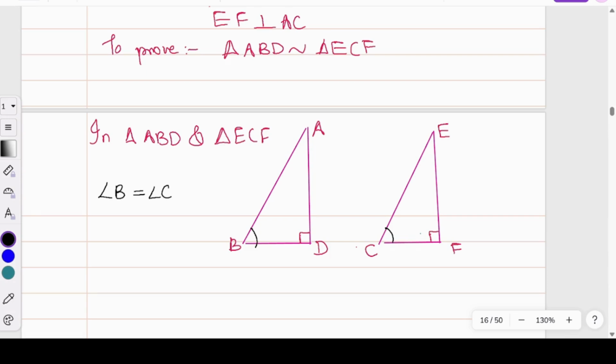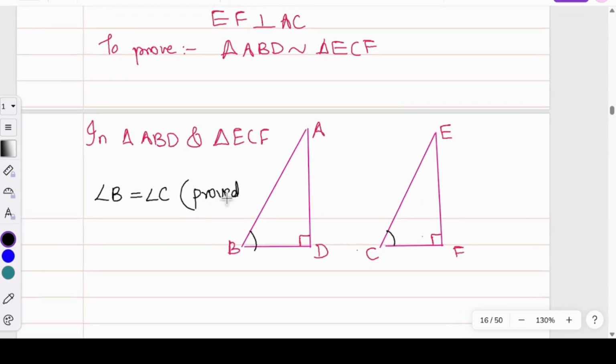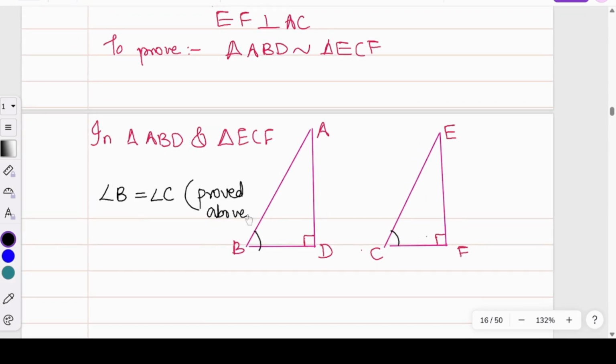Then here instead we can write proved above. Next one is angle ADB equal to angle EFC, right? Which is equal to 90 degrees. Angle ADB equal to angle EFC because each is 90 degrees, right?